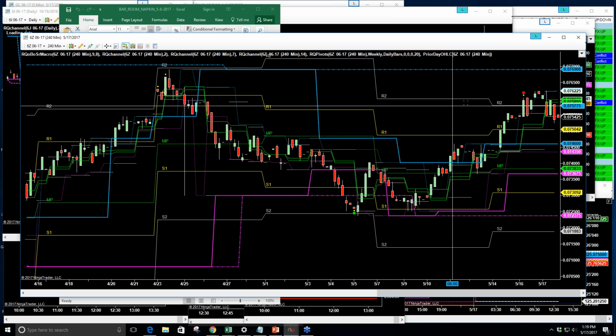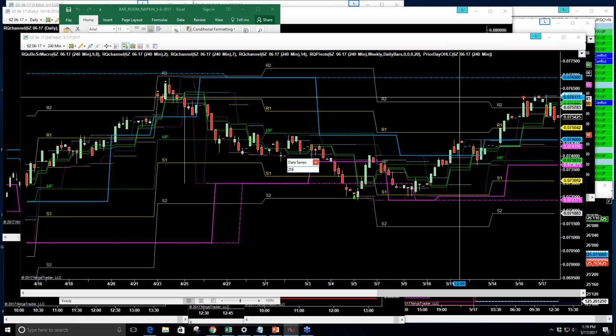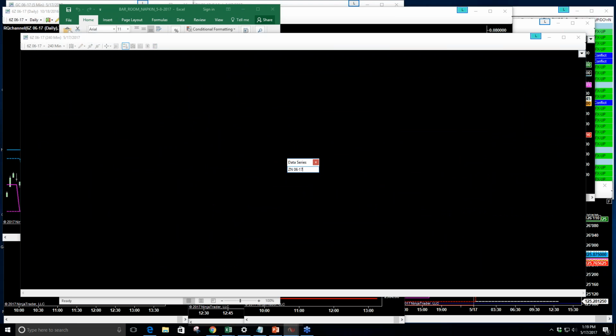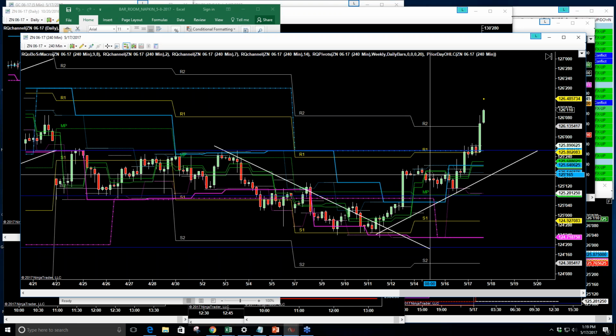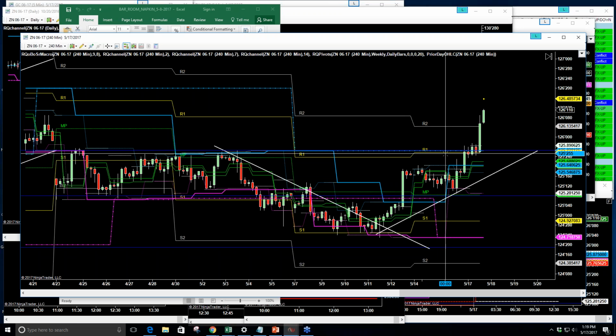What the heck did I put on there? Got the wrong one, sorry. Let me check to see where 126.20 is on a little bit easier to see on my TradeStation.